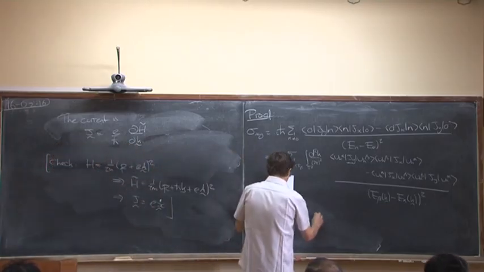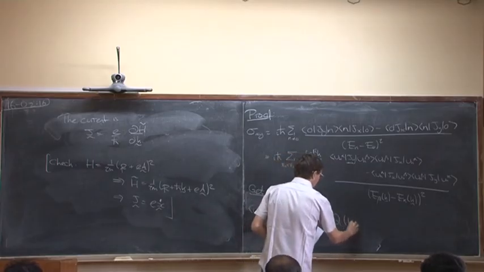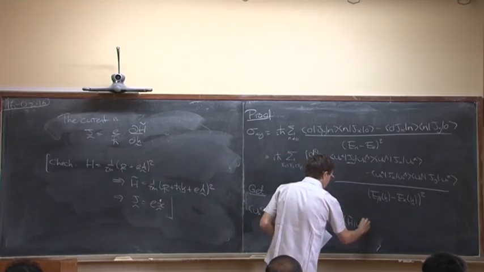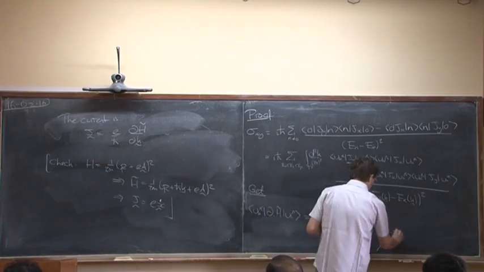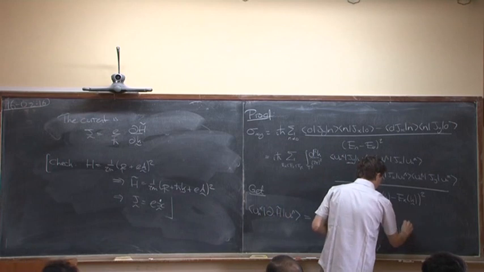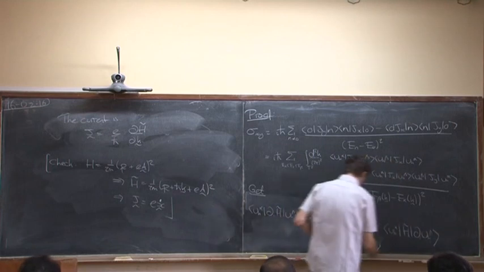And we just rewrite this as u_k alpha d_k H tilde times u_k beta minus u_k alpha H tilde d_k u_k beta.